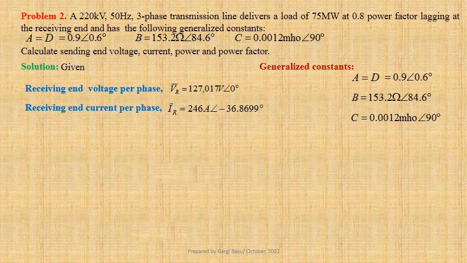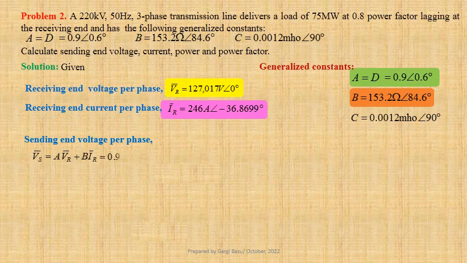Let us now calculate sending end voltage per phase. Vs equals A times VR plus B times IR. Using values we get 0.9 at an angle 0.6 degree into 127,017 at an angle 0 degree plus 153.2 at an angle 84.6 degree into 246 at an angle minus 36.8699 degree.